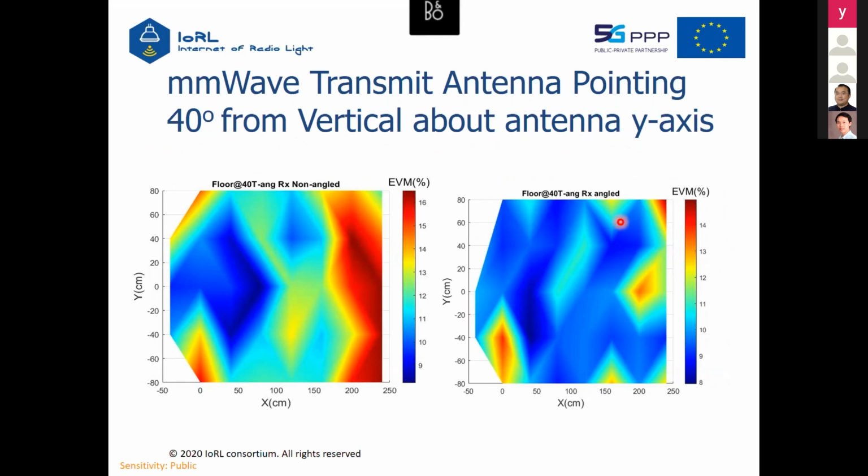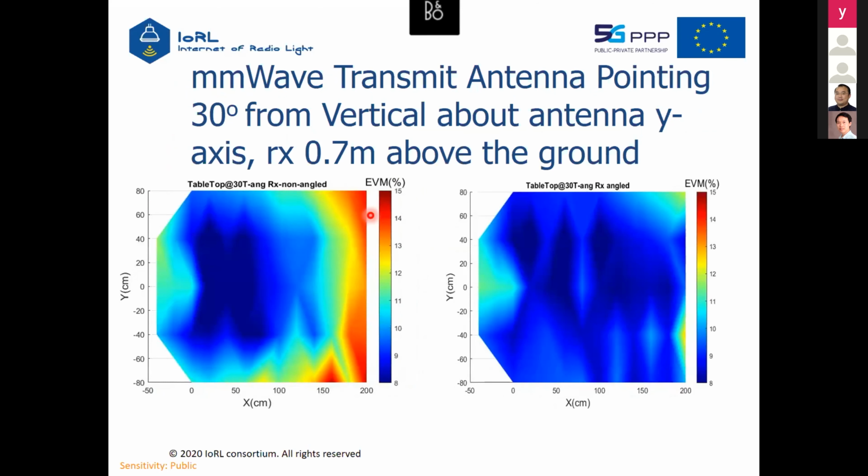So for the blue area, it will be much better. In this case, for 40 degree, that means the signal you transmit is always angled more towards the ground. And this is 0.7 meter.